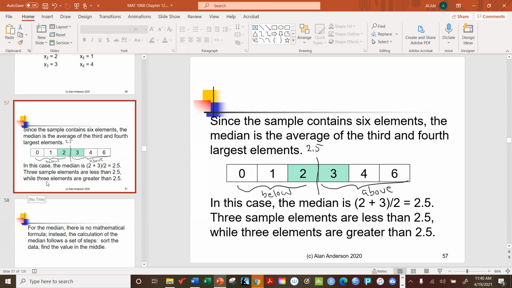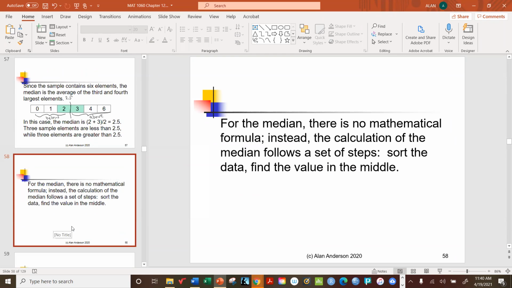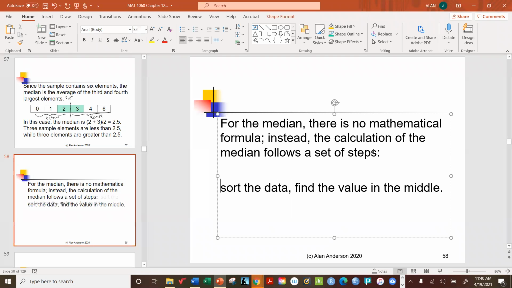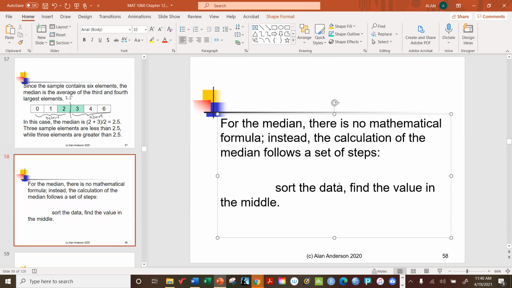Now, there's 2 observations that we want to make here. When we're thinking about the mean and the median, first of all, if you noticed, there's no formula. No formula. Instead, we followed a set of steps, which were sort the data and find the value in the middle.